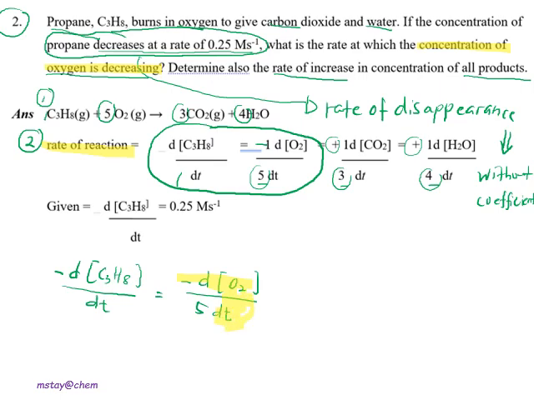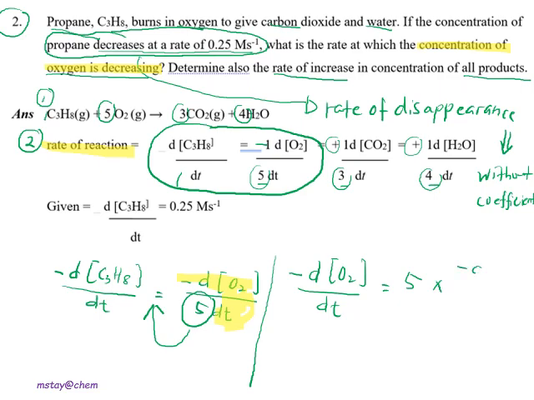So what's going to happen? This 5 will move to the other side. Because the operation here is division, when it moves to the other side it becomes multiplication. So negative d oxygen over dt will equal 5 multiplied by negative dC3H8 over dt.